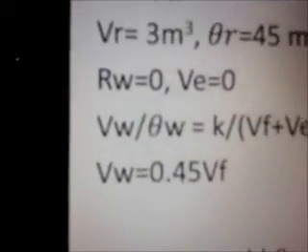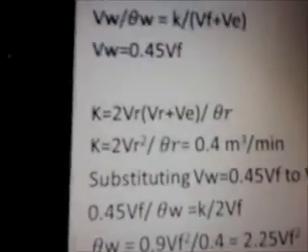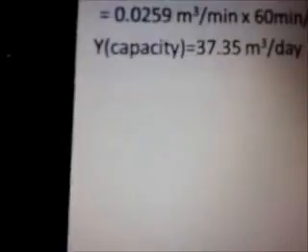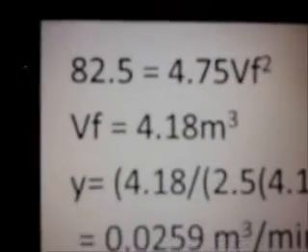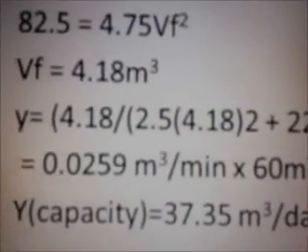So Rw is 0, V is 0. So now we now have Vf, which is 4.18 meter cube.